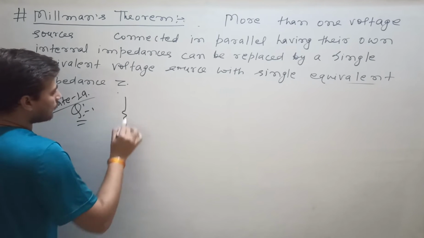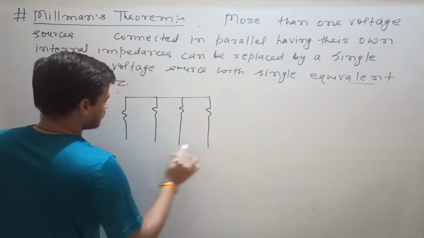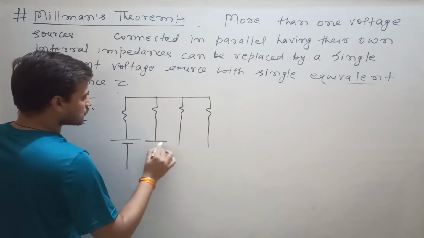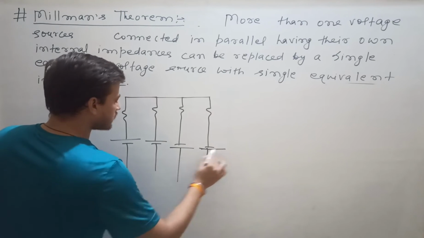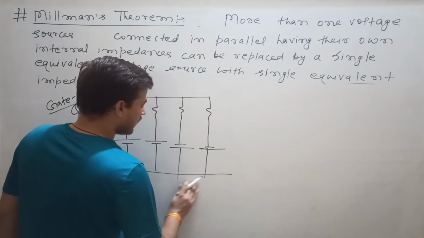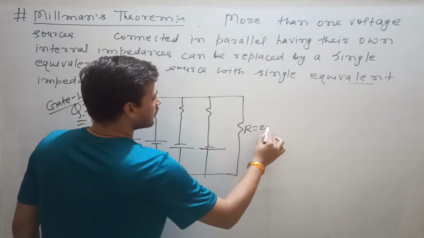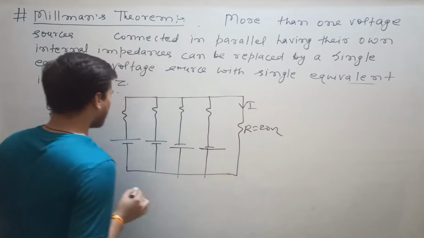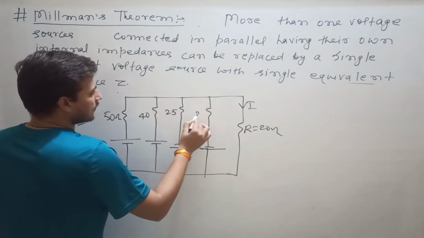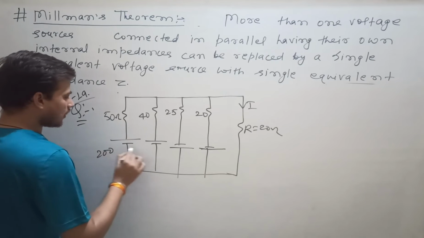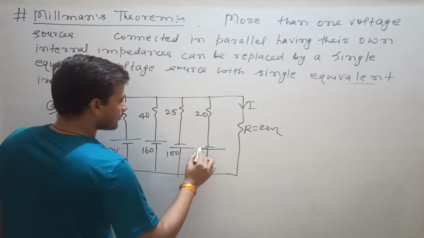They have given four resistors, and two voltage sources are in positive direction, two voltage sources are in negative direction, and they have given one resistance R equal to 20 ohm. You have to find this current I. Here it is 50 ohm, 40 ohm, 25 ohm, it is 20 ohm. Here it is 200, 160 volt. Here it is 100. Here it is 80 volt.